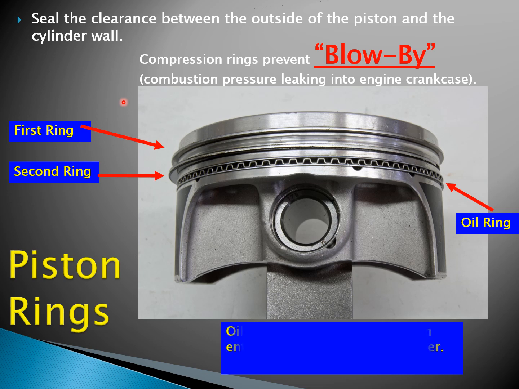But the oil ring prevents engine oil from going into the combustion chamber. Just like we don't want the combustion pressure leaking past into the crankcase, we don't want the oil that's in the crankcase entering into the combustion chamber. Otherwise, we're burning oil, and that's no good either. So, all right, let's move on.